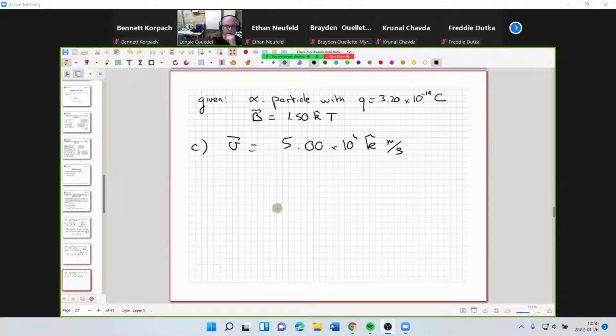All right, what is the value of FB then? 0. And why? Because it's going parallel to the magnetic field. Exactly. So FB here equals 0 and V parallel to B.